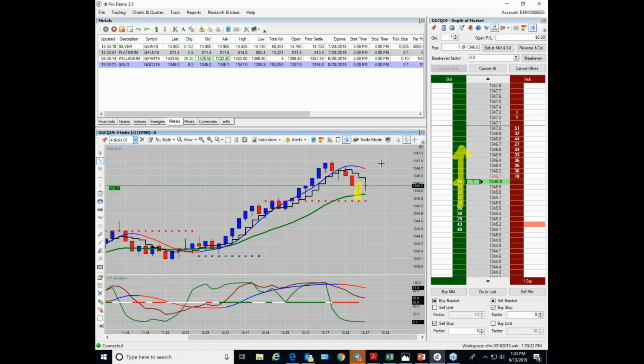The deal is this. If the market goes plus 4 ticks in your favor, 1, 2, 3, 4, to 1346.40, we are going to move our stop to break even.